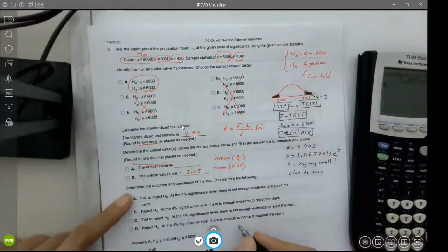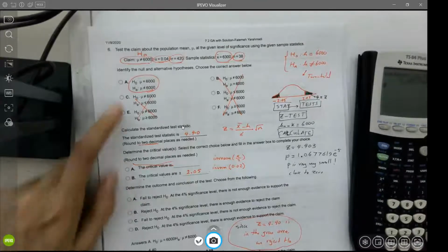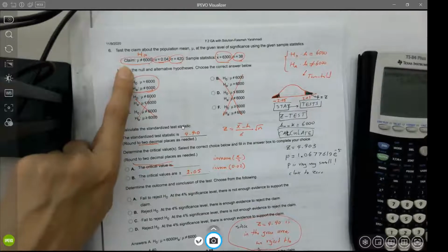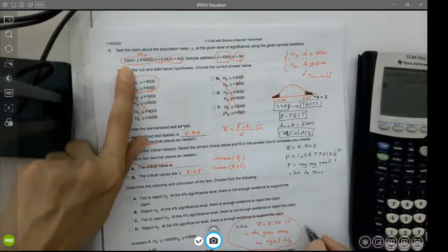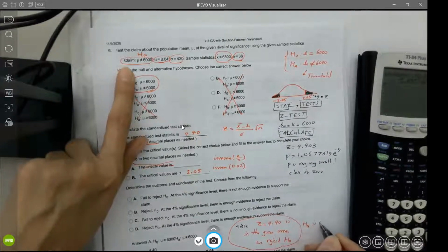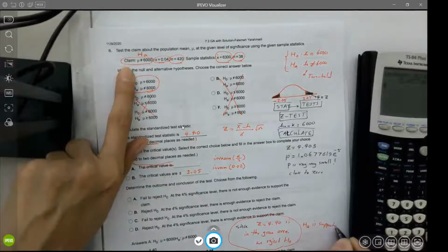So you can say that since Z, 4.40, is in the green area, we reject the null hypothesis. It means that we can say that, hey, the claim is supported. HA is supported. HA was the claim.